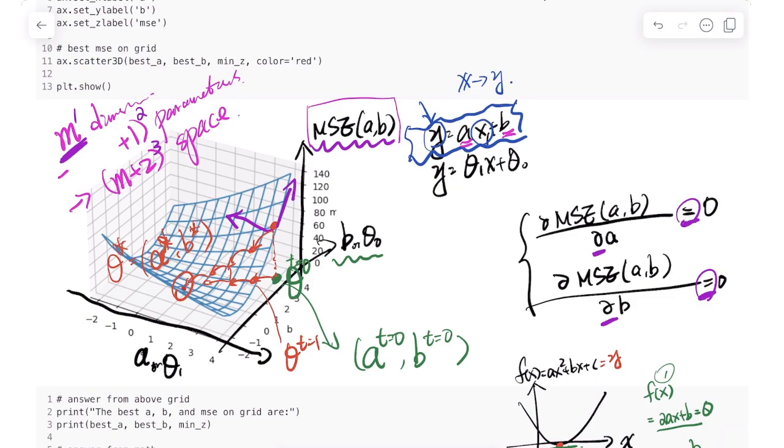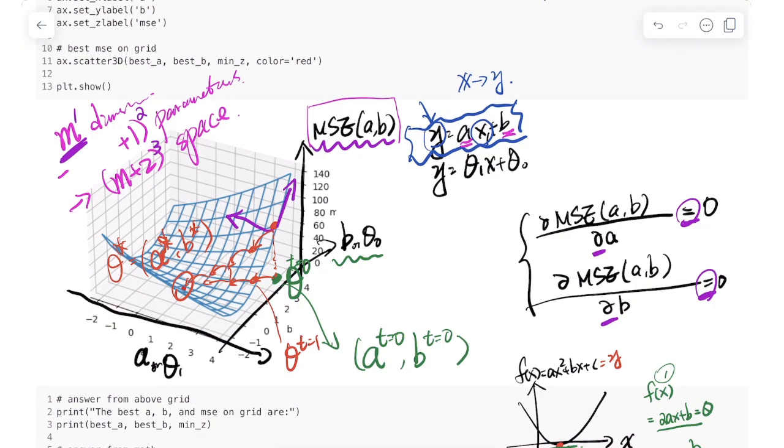We don't do partial differentiation because it needs too many computations. Because if we have m features, we have to do m+1 partial differentiations and try to figure out the values of all the parameters, and that is crazy.